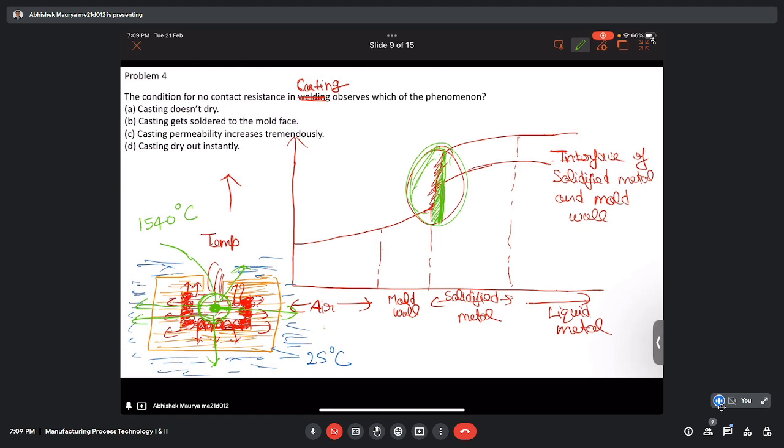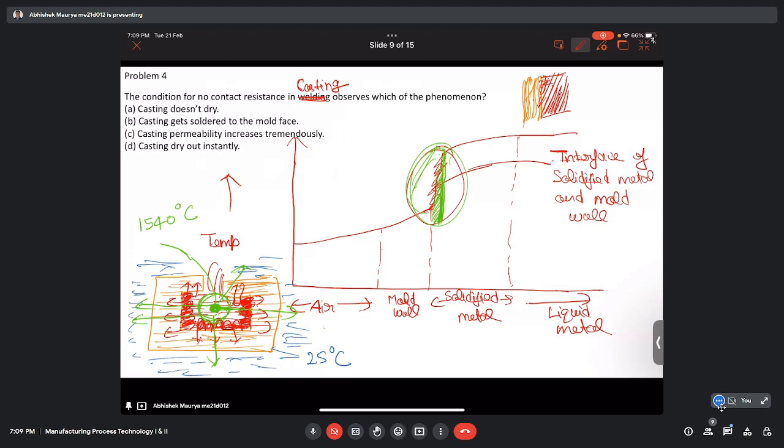Okay, so suppose this is the mold wall, and we have molten metal which has very good wettability, and that depends on its surface tension properties. If it has very good wettability with this metal, then we will have a very good contact. So there is a material continuity.